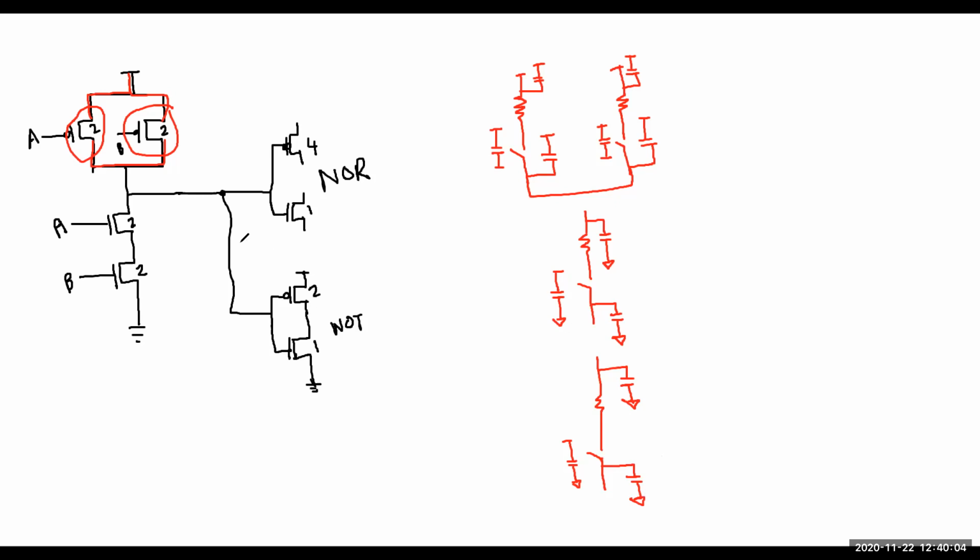Understood? Since that connection is connected with our A, this will be connected with our A. The bottom of the A is connected to the B, and the bottom of the B is connected to the ground. So I'm going to connect these with the ground. This is the ground. Understood? Yes, sir. Okay. This is our output. Now here, look very carefully.